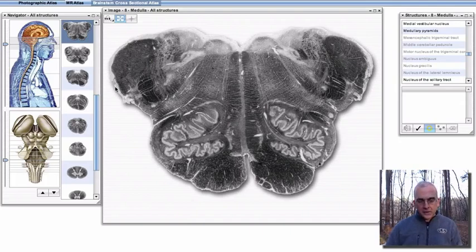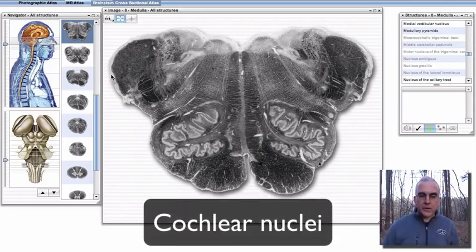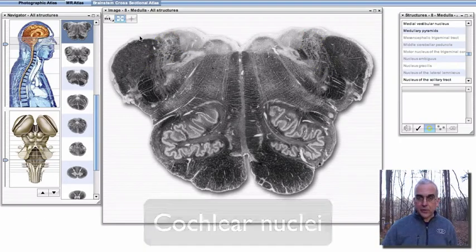And what it's surrounding is a large mass of white matter that I'll get to in a second. So this gray matter that we see out here, this is part of the cochlear nuclear complex. So there are multiple divisions of this complex. We can call them collectively the cochlear nuclei. So we've got our vestibular nuclei and then our cochlear nuclei associated with the eighth nerve.